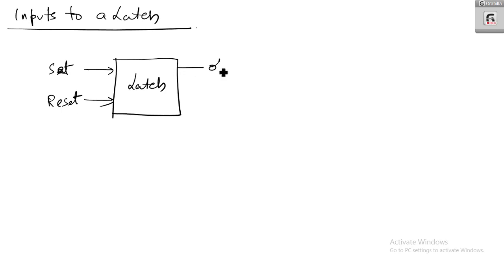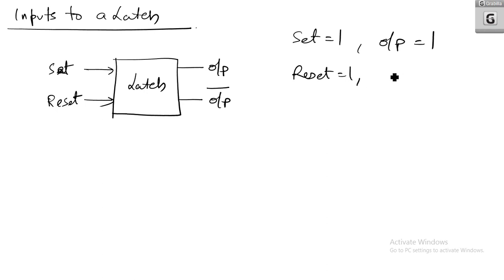One is the output, and second one is the complement of the output. Now, if set is equal to 1, the output is set to 1, and if reset is 1, you are setting your output to 0.